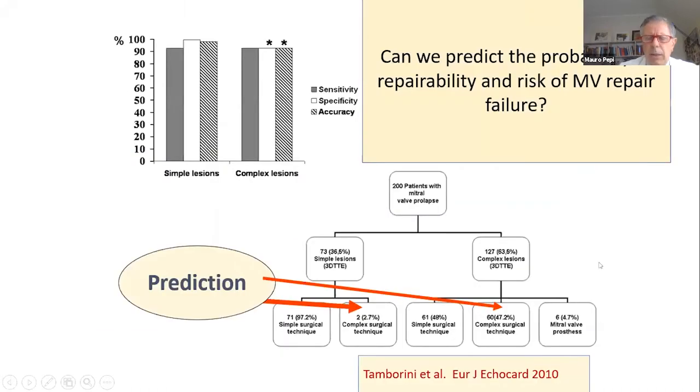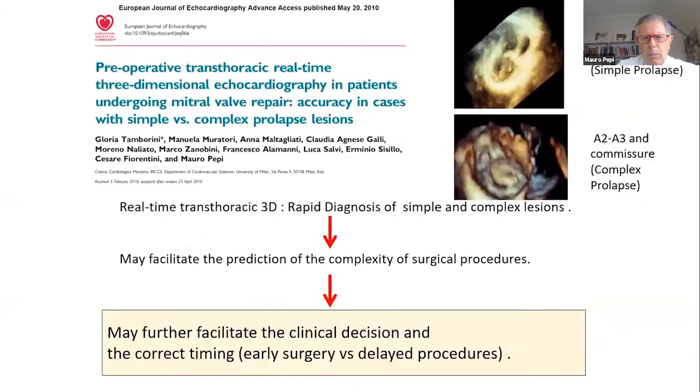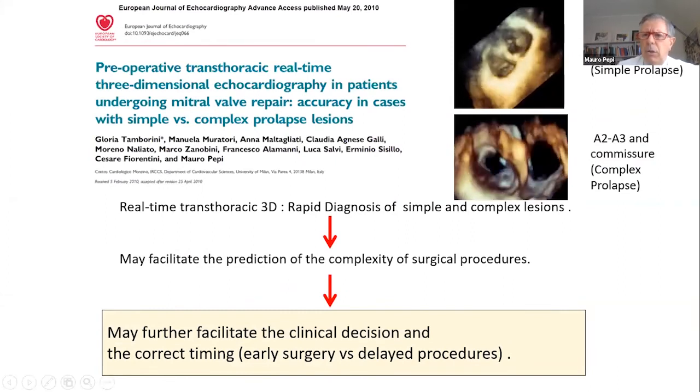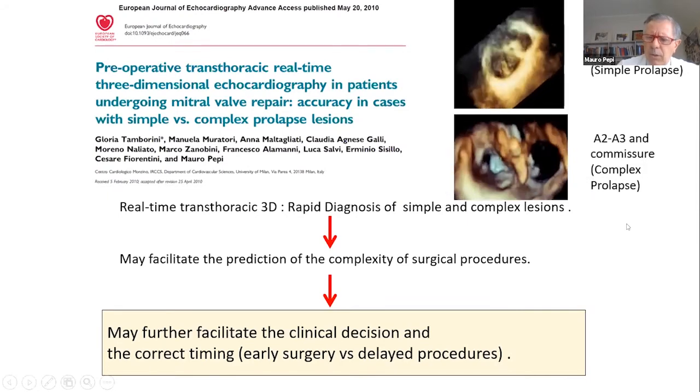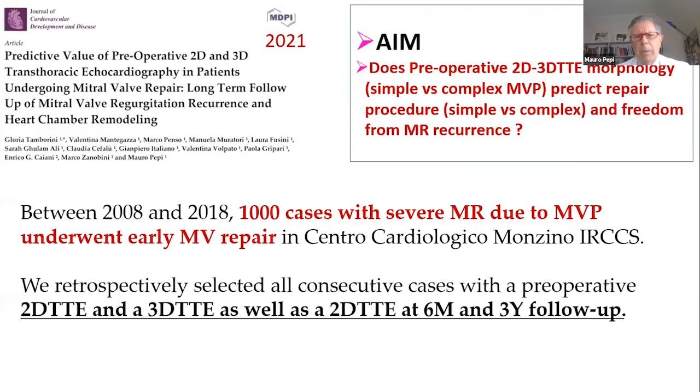And we clearly predicted the probability with the old technology. Our conclusion was that we may further facilitate the clinical decision in simple lesions versus more complex lesions undergoing more complex procedures. So this is the background of this paper we published recently.